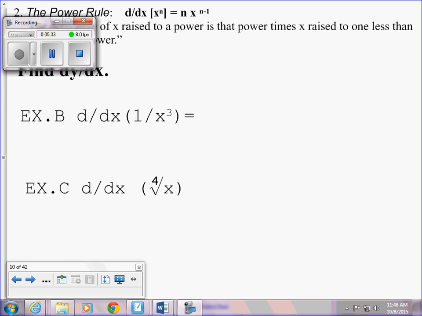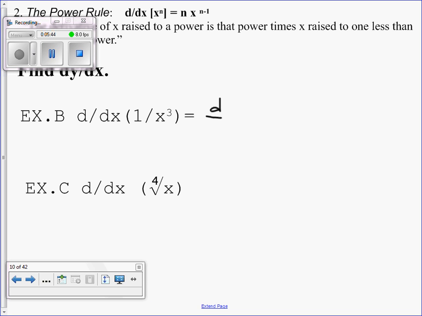Bless you. Rewrite them as x to a power first, then take the derivative.